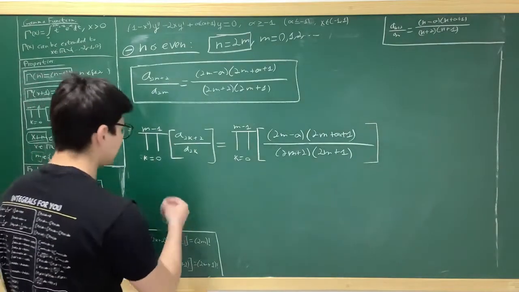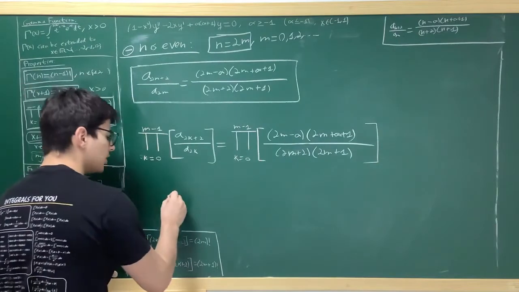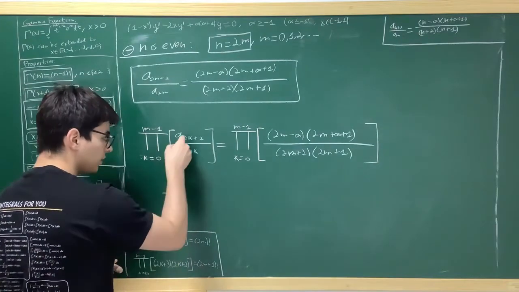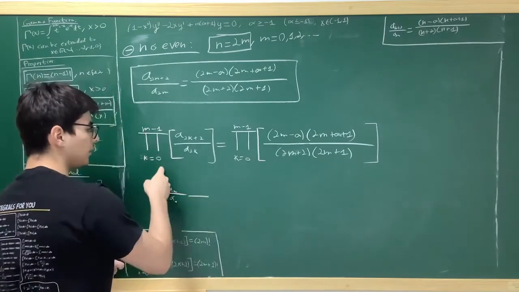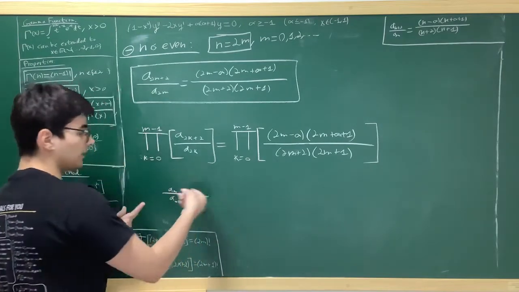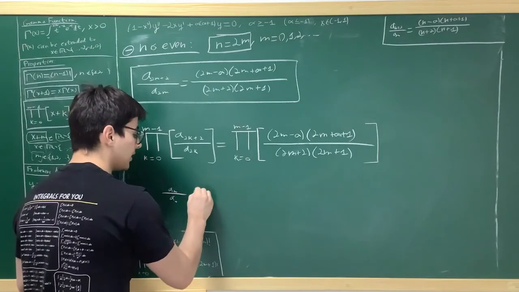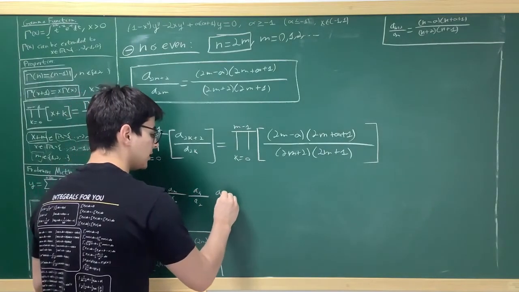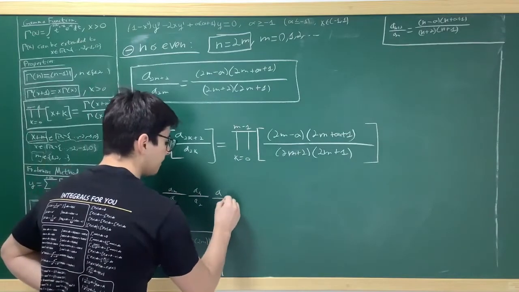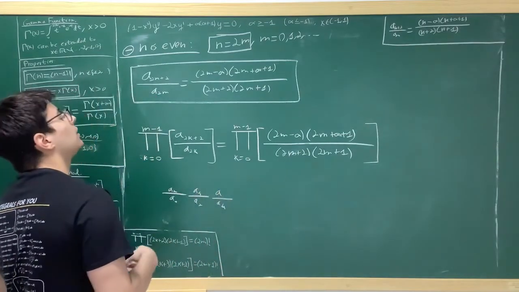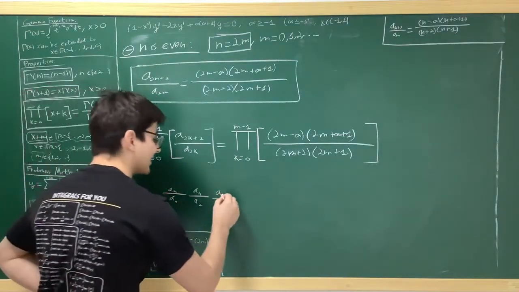Why? Well, let me just expand this. So at k equals 0, we get a naught, and up we get a 2. Next term, k is equal to 1, and next term is a 4. Here we get k equals 2, a 4. And lastly, upwards we get a 6.